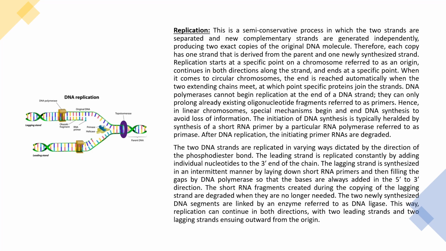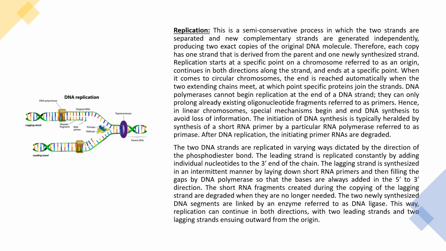Replication starts at a specific point on a chromosome referred to as an origin, continues in both directions along the strand, and ends at a specific point. When it comes to circular chromosomes, the end is reached automatically when the two extending chains meet, at which point specific proteins join the strands.